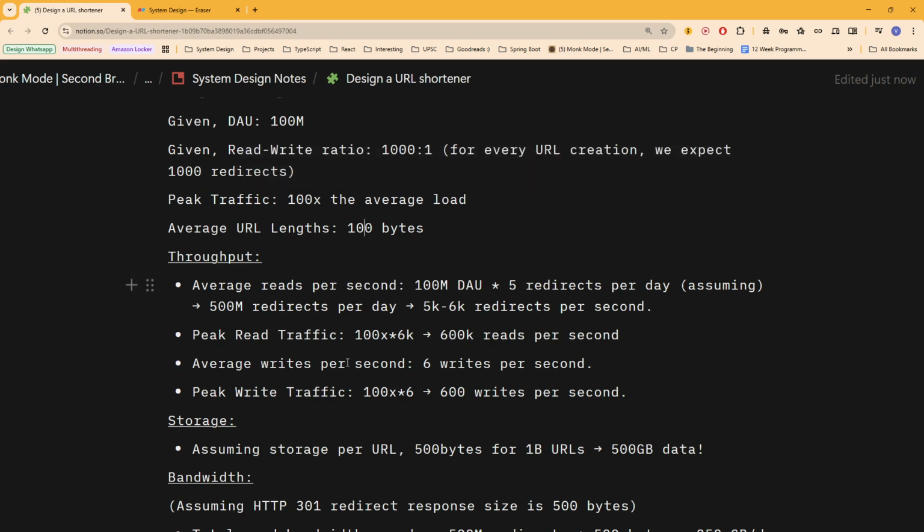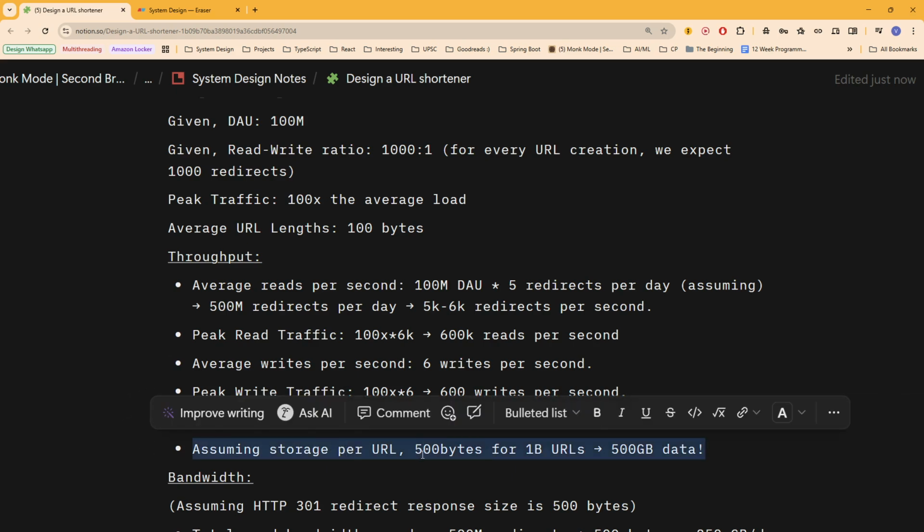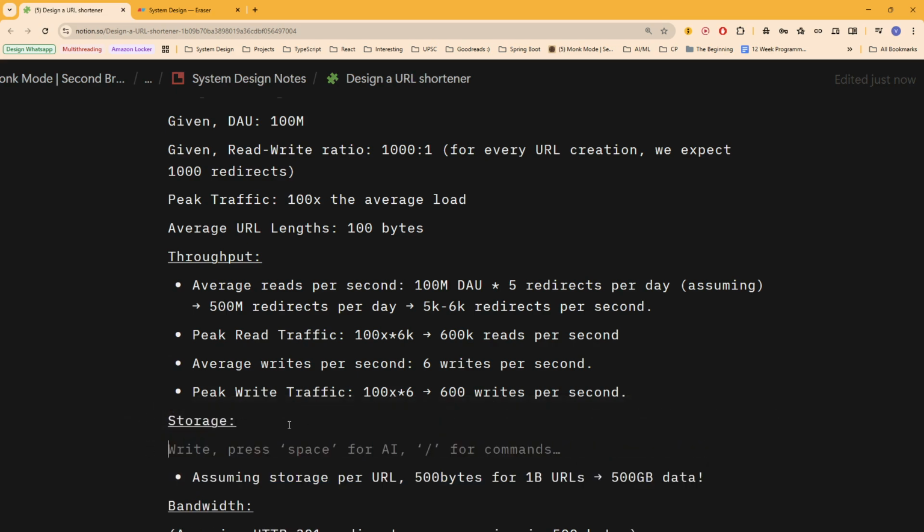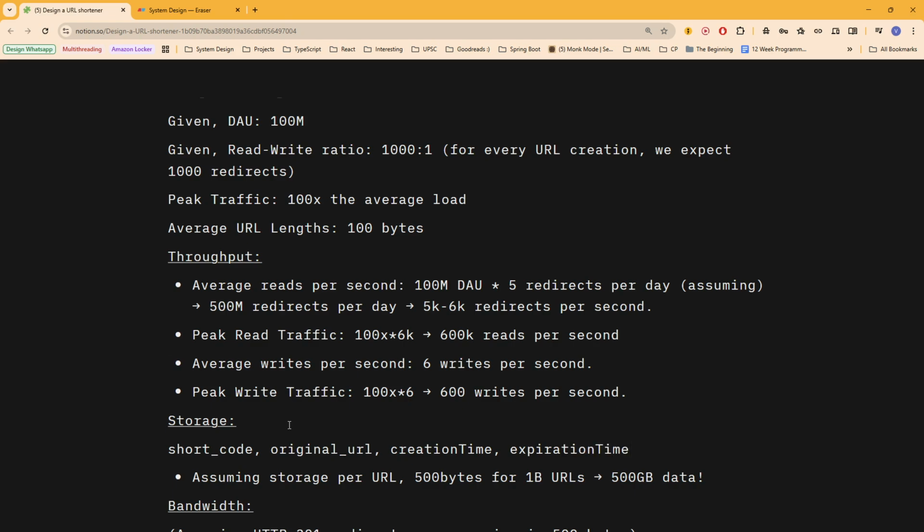Okay, now for one particular row we are considering 500 bytes. When we say one particular row, in the DB we can store the short code, the original URL, the creation time, the expiration time and all that stuff. For the original URL, we are taking 100 bytes.